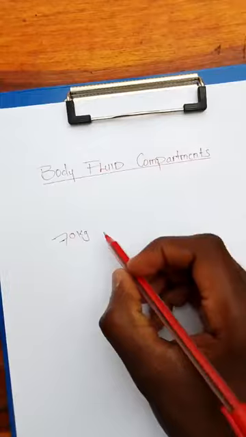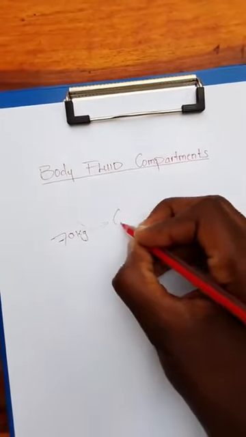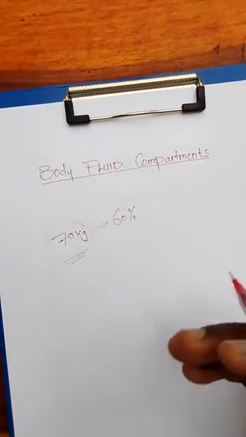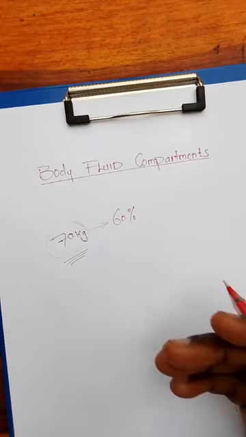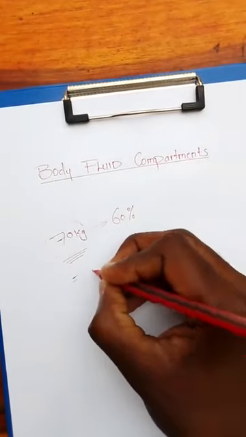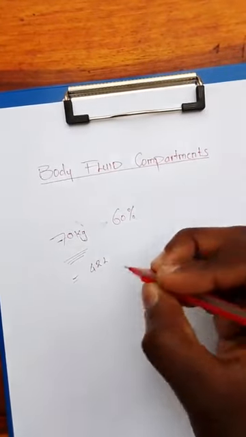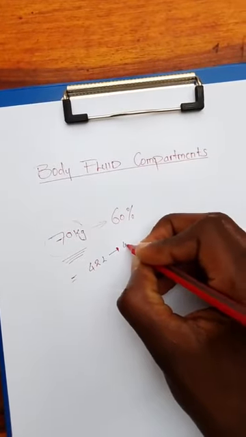So if an adult is weighing about 70 kg, you're going to find that 60% of this weight is the body water, the total body water. So if you say 60% is the total body water, it is calculated to be 42 liters, and it ranges between 40 liters to 42 liters.